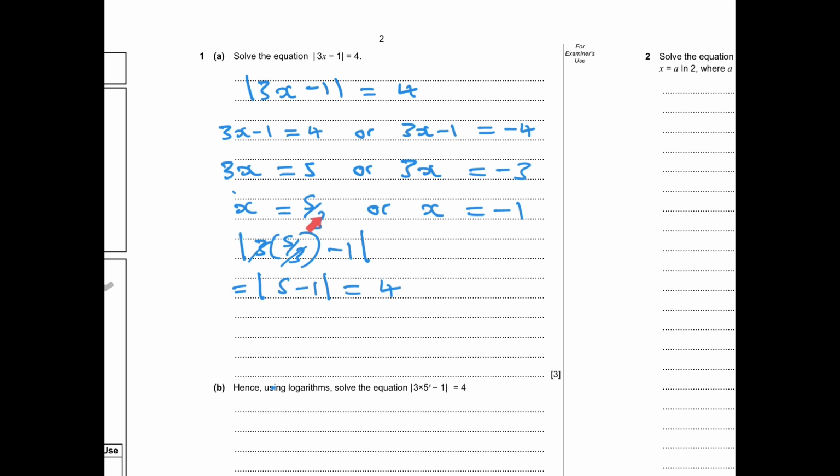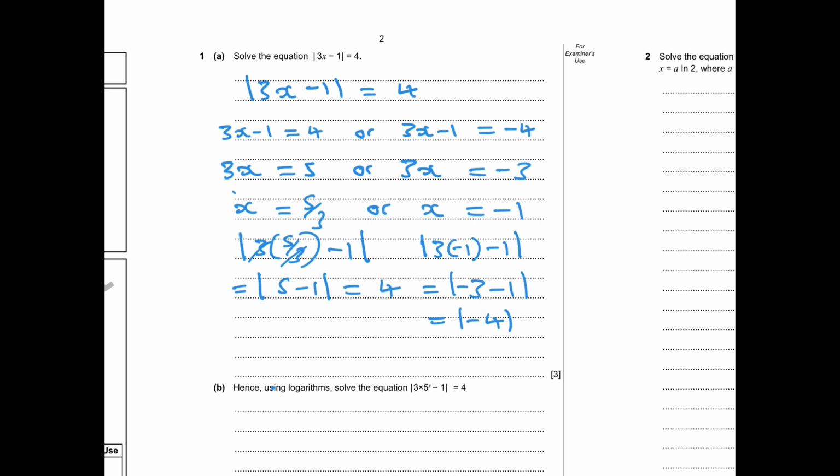Okay, again, we can also substitute this one there to check to see if it's actually correct. So we're going to have modulus of 3 in brackets negative 1 minus 1, which is equal to modulus of negative 3 minus 1, which is equal to modulus of negative 4.